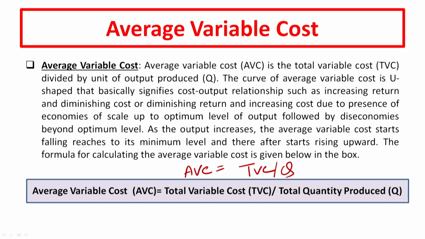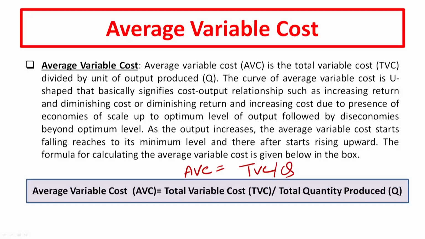And this average variable cost is also U-shaped. Why? Because with every increase in level of output, this average variable cost will fall, reach its minimum point, and thereafter it increases. So the shape of average variable cost is U-shaped.